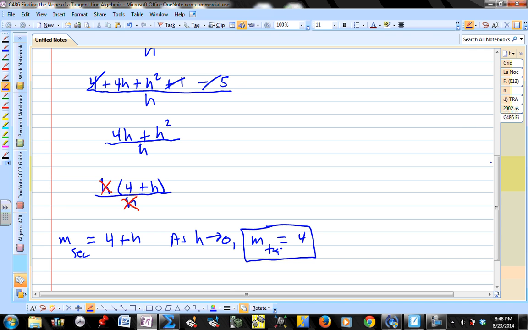Now, we just came up with a very good estimation for the equation of a tangent line without using a calculator. You need to remember this, and now we're moving on to part B.